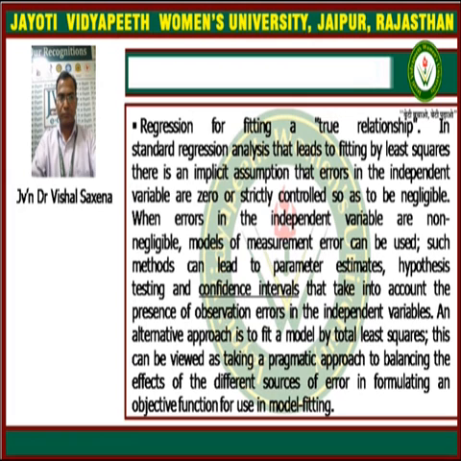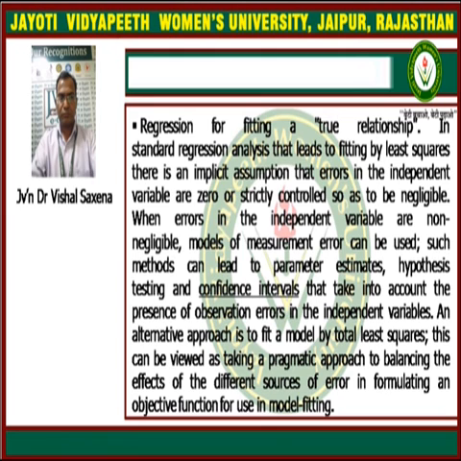Next is regression for fitting a true relationship. In standard regression analysis that leads to fitting by least squares, there is an implicit assumption that errors in the independent variable are zero or strictly controlled so as to be negligible.